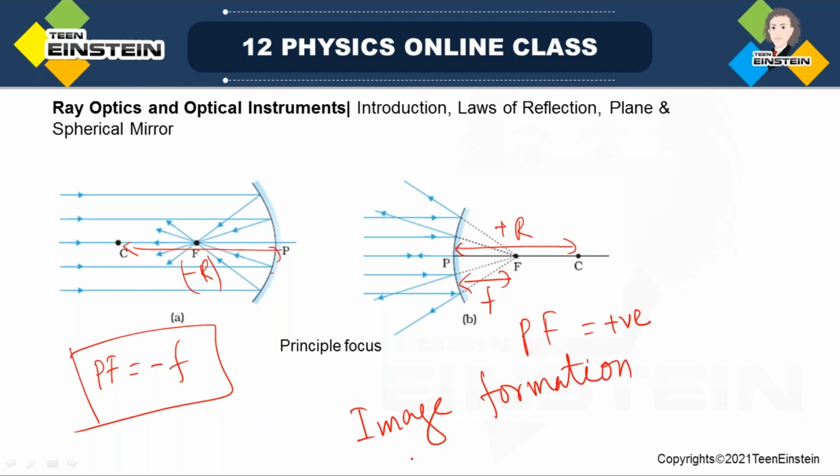Few more things are there, like what is the nature of the image and where will be the position of the image. If you change the position of the object on the principal axis, the image formation, the nature of the image and the position of the image will be different every time. These are very, very interesting. We'll be discussing all those things in the next class.